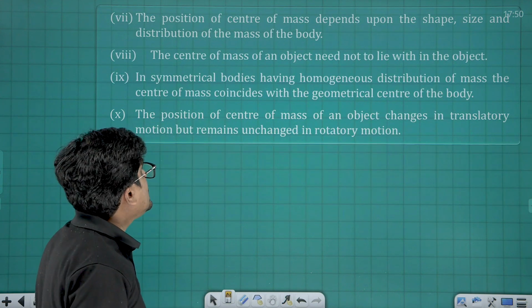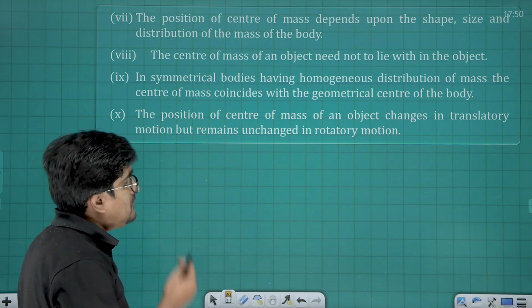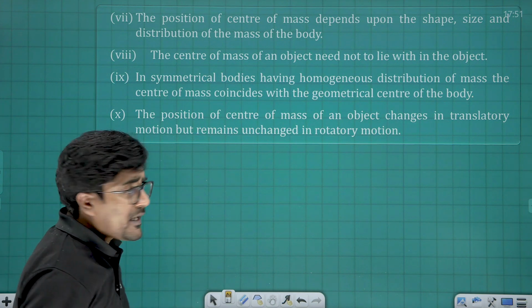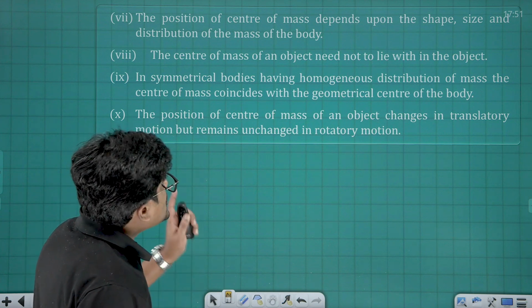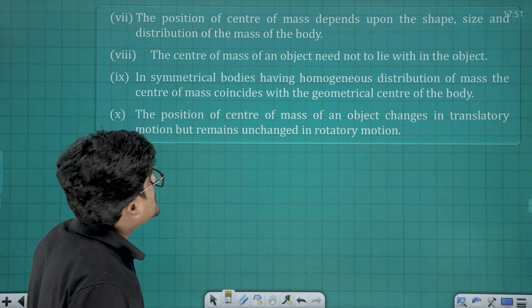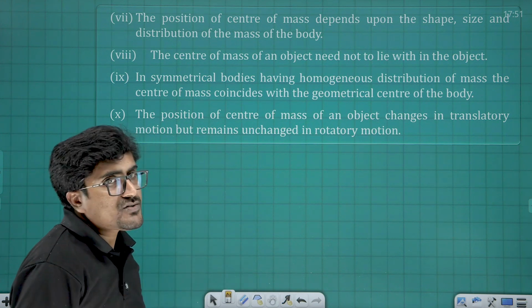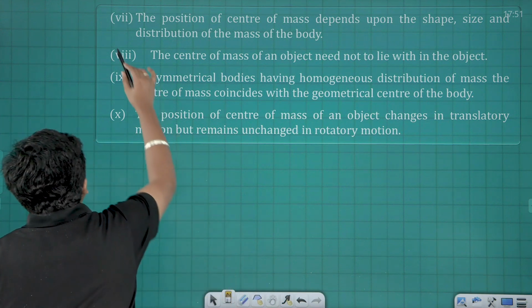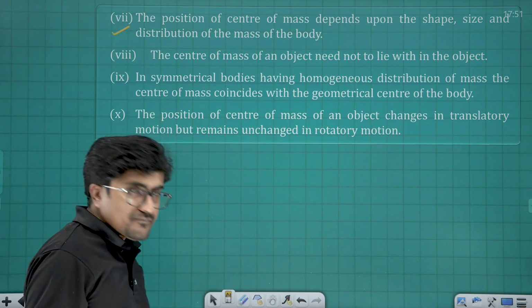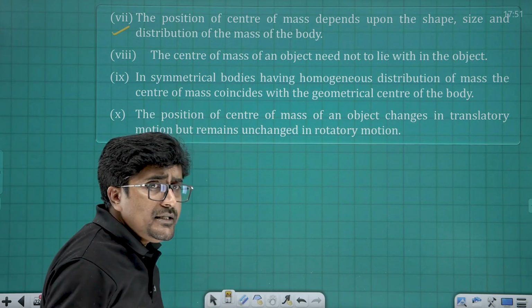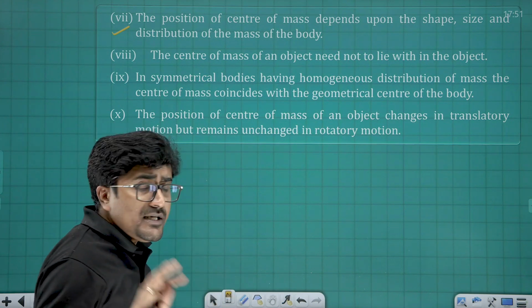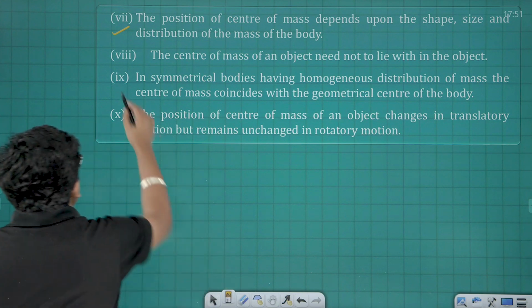All right, next one is some important points. Out of that, the first one: the position of the center of mass depends upon the shape, size and mass distribution of the body. Conceptually, these points are very important. Second one, the center of mass of an object need not lie within the object, it can be outside the body also.